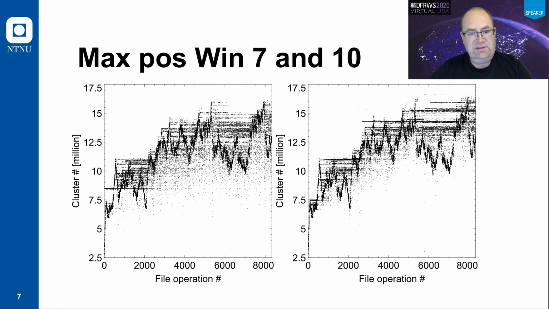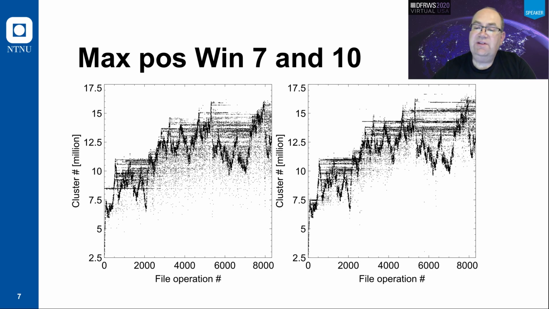If we look at this utilization curve as a mountain range and the maximum allocation positions as clouds, they on the Windows 7 side slowly diminish and go away as time goes. But on the Windows 10 side, they remain and behave more like a fog or something, staying in place.